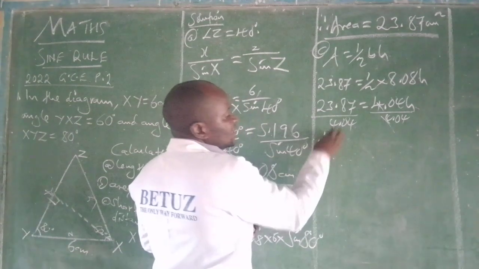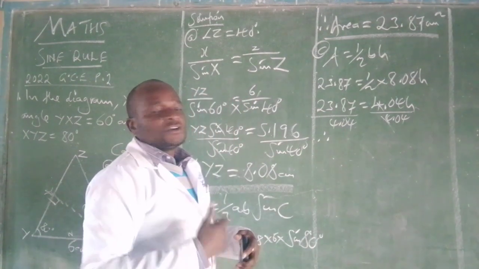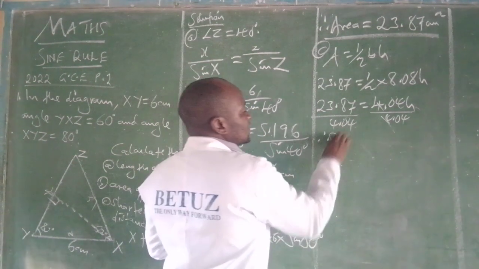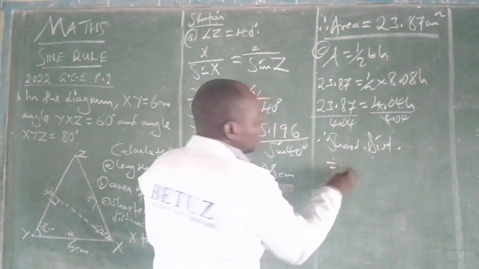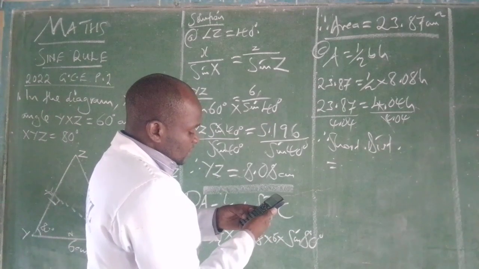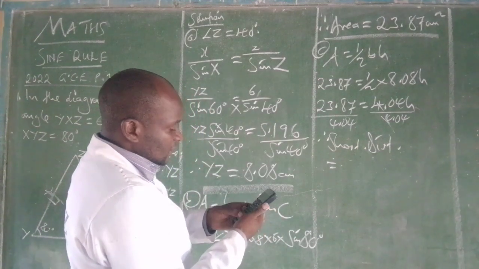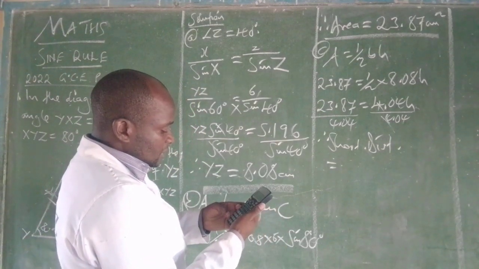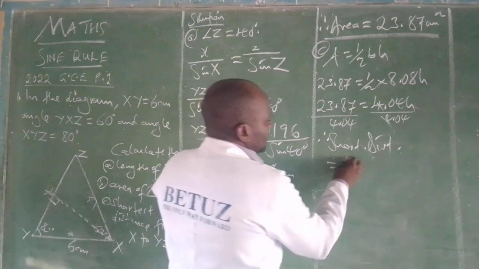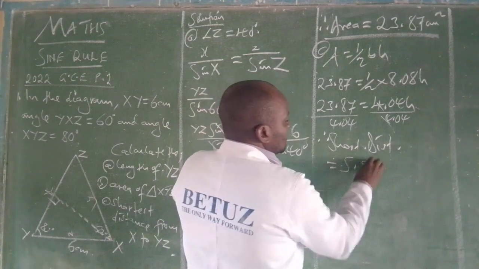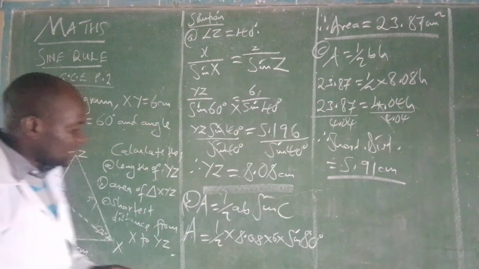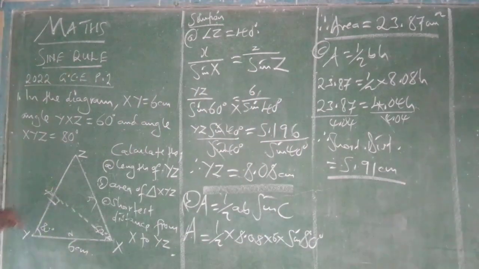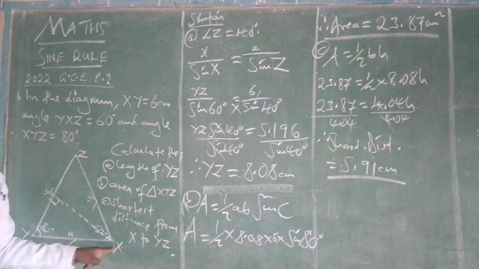The two will cancel, and therefore the h represents the shortest distance. Shortest distance in this case will be equal to 23.87 divided by 4.04. We are getting 5.91 centimeters. This is the shortest distance from X to YZ. In other words, the perpendicular height of this triangle from X.